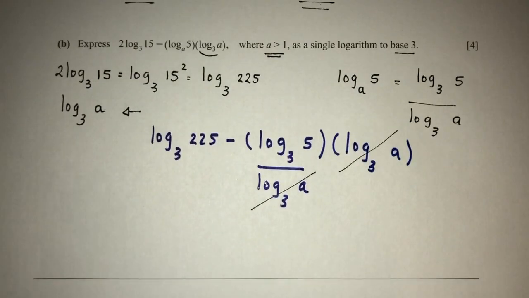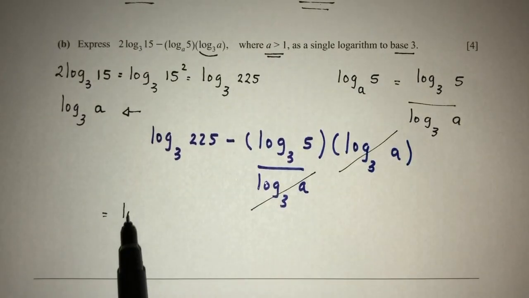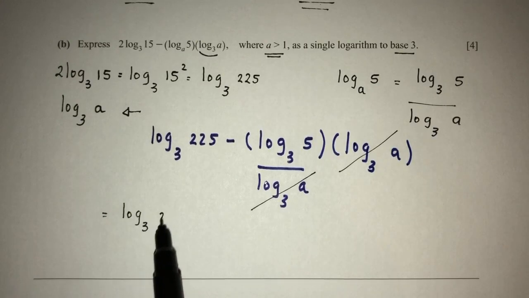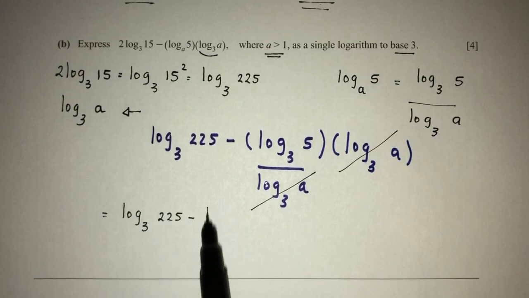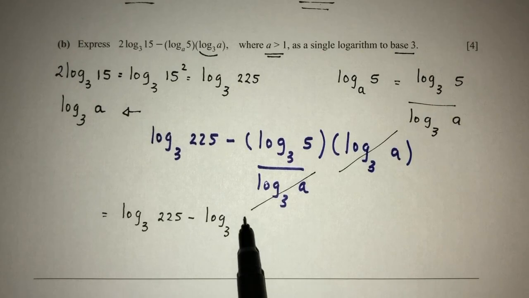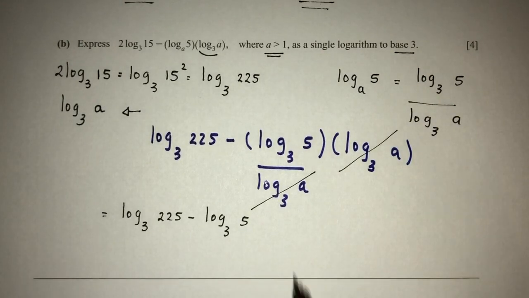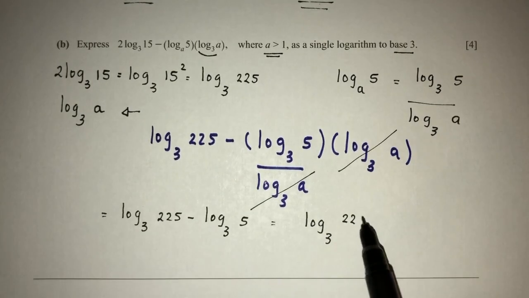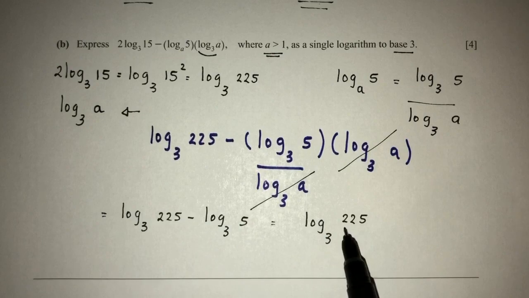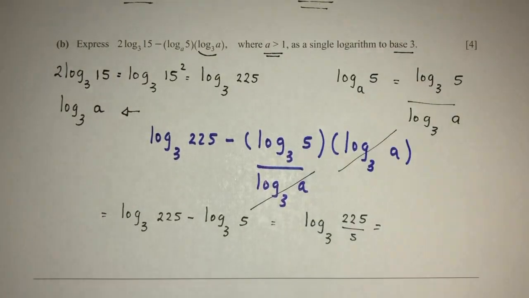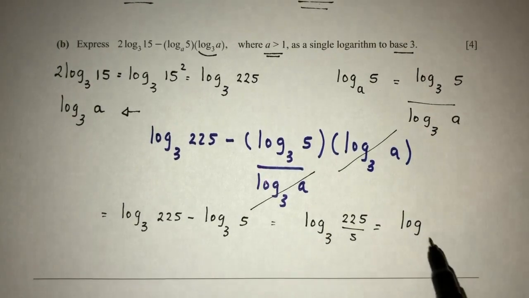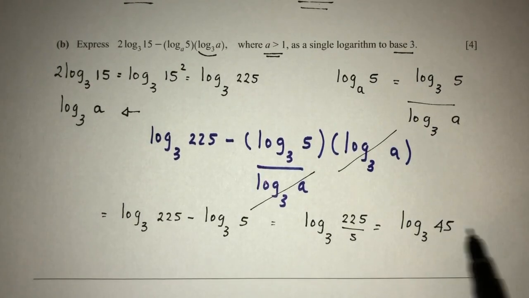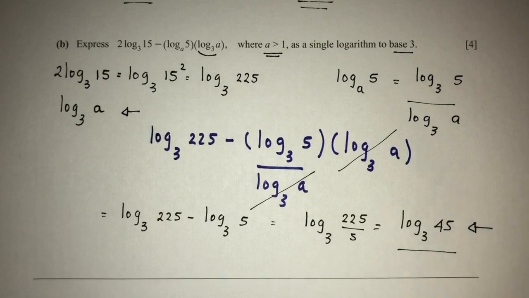What remains is log to the base of 3, 225 minus log to the base of 3, 5. We can simplify this because they have the same base. That will be log to the base of 3, 225, and because we have minus here, that becomes divide by 5. That gives you 45. So your answer will be log base 3 of 45. That will be your answer for part B of the question.